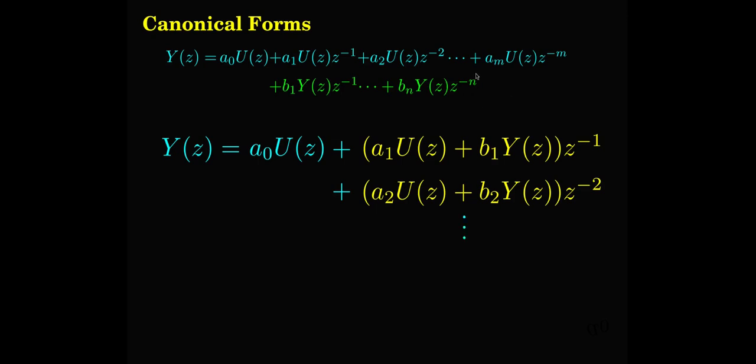So on, I will go on to An uz plus Bn yz, z to the power of minus n. I have stopped here at m. I am taking n terms, n greater than m. So this is another form where you can look at it.